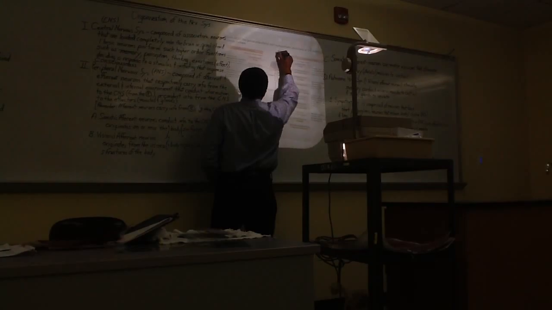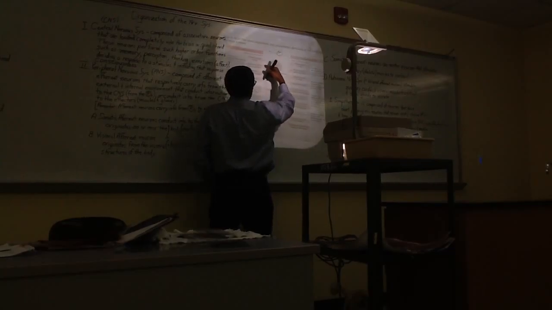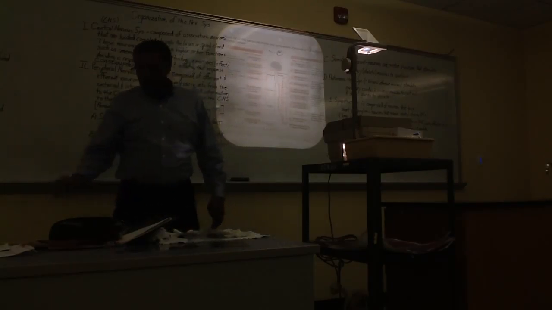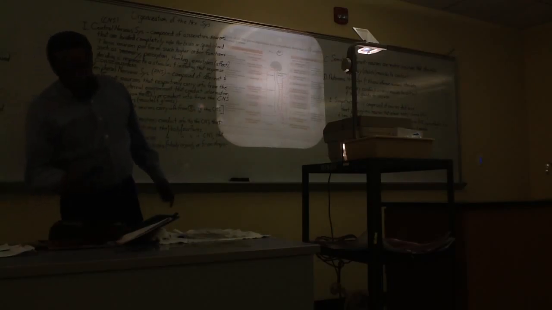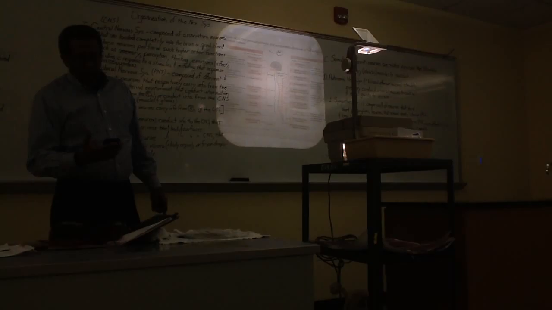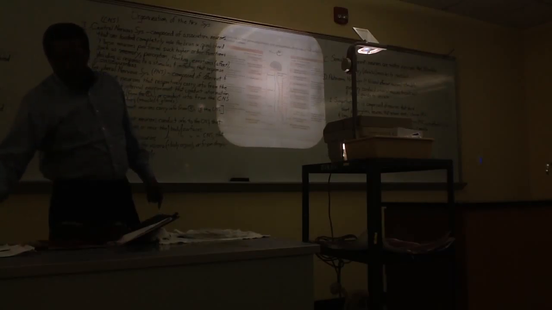These are groups of nerve cell bodies. Then their axons are represented by these lines. Now, I need to define a nucleus versus a ganglion, and a nerve versus a fiber tract.